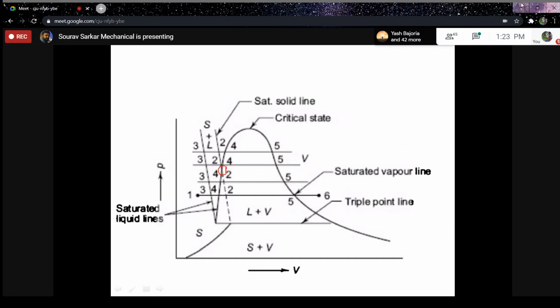Anyone? Direct solid to gas conversion. No, solid to gas is there. Oh, yes, solid to gas is here. What is happening there? Anyone?